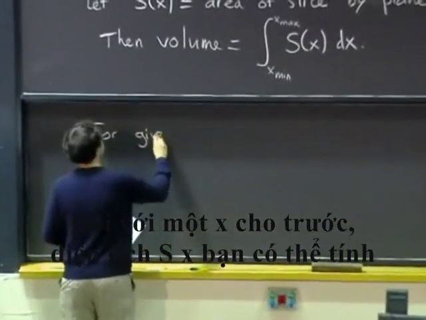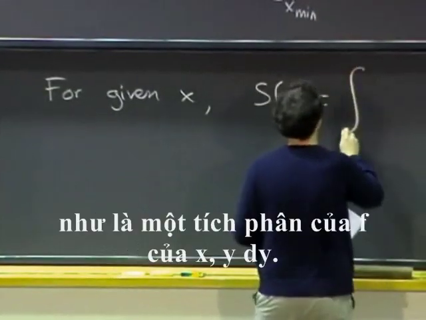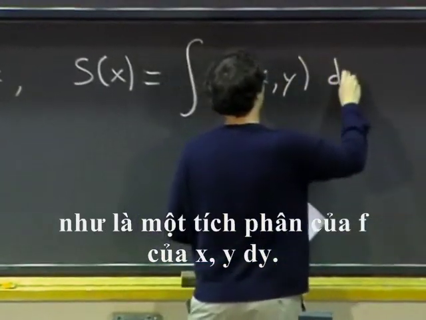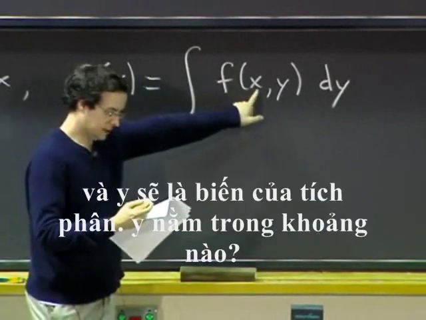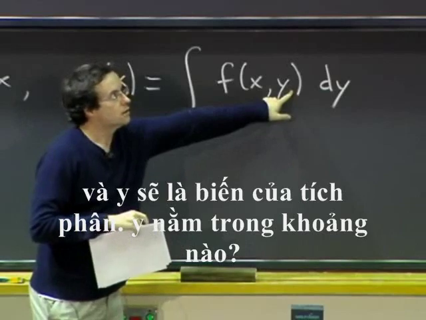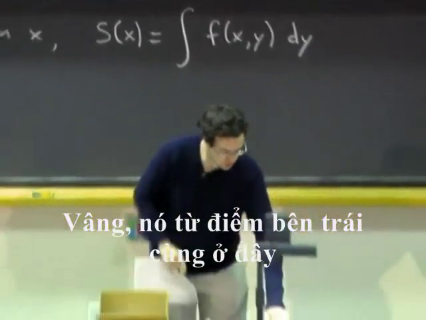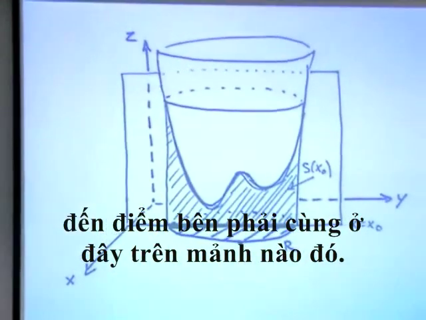For a given x, the area S of x you can compute as an integral of f of x,y dy, where now x is a constant and y will be the variable of integration. What's the range for y? It's from the leftmost point here to the rightmost point here on the given slice.